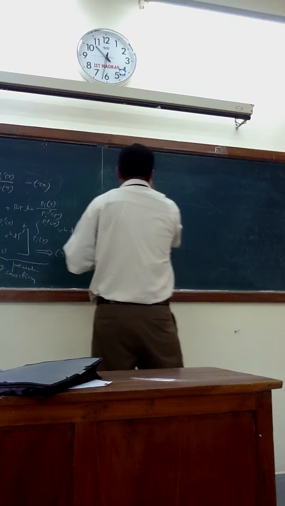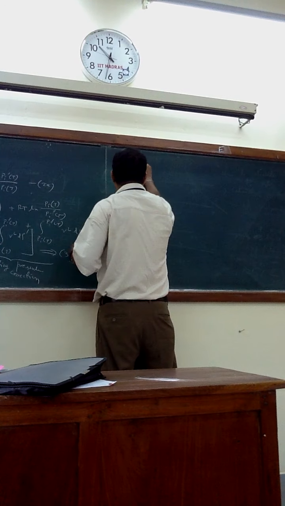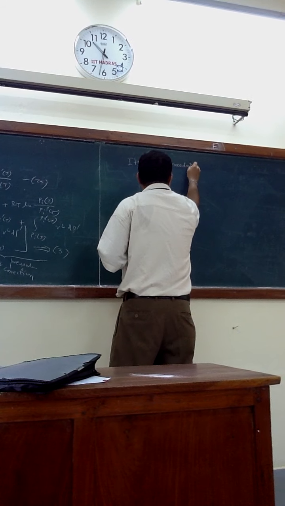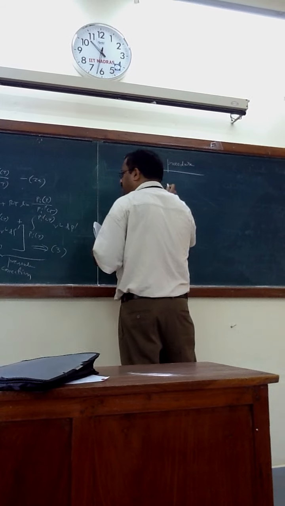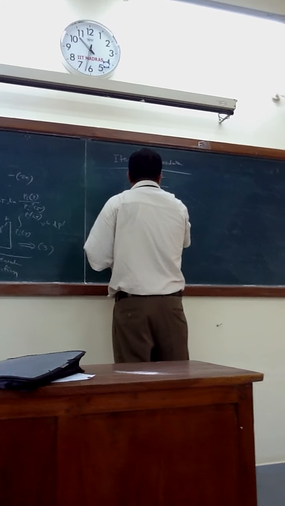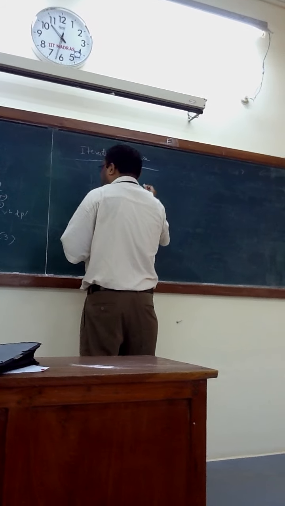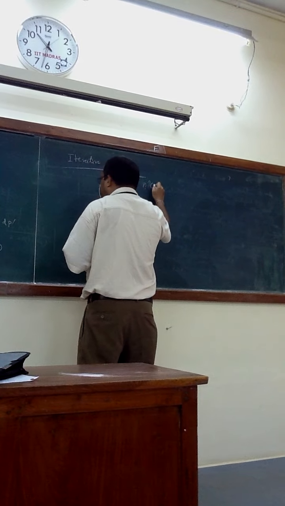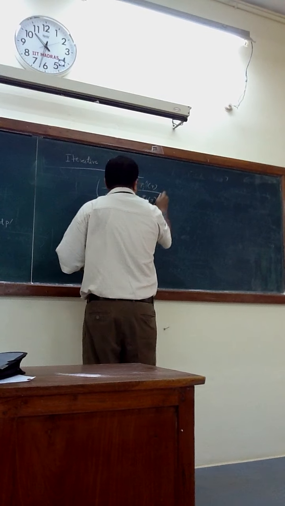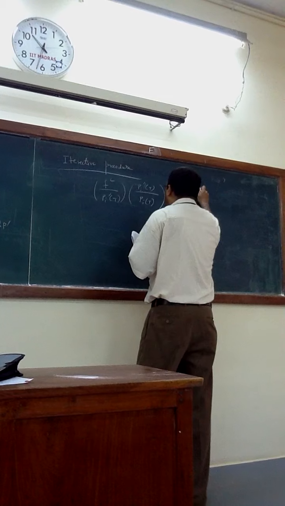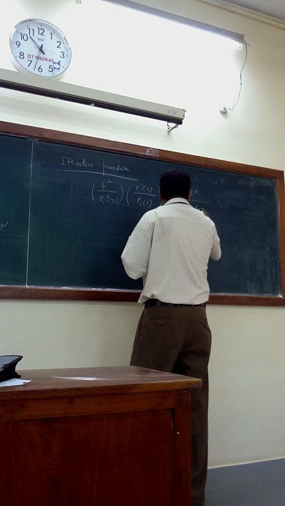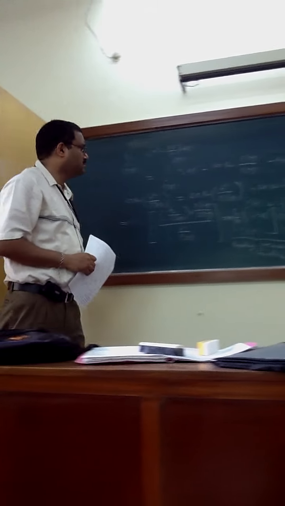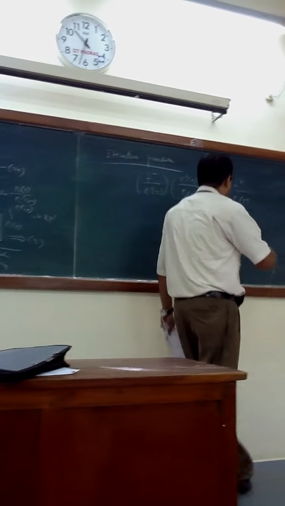The iterative procedure will be Fl by Pi prime T into Pi prime T by Pi T equals Fv by Pi T. Agreed or not? Yes? At equilibrium.